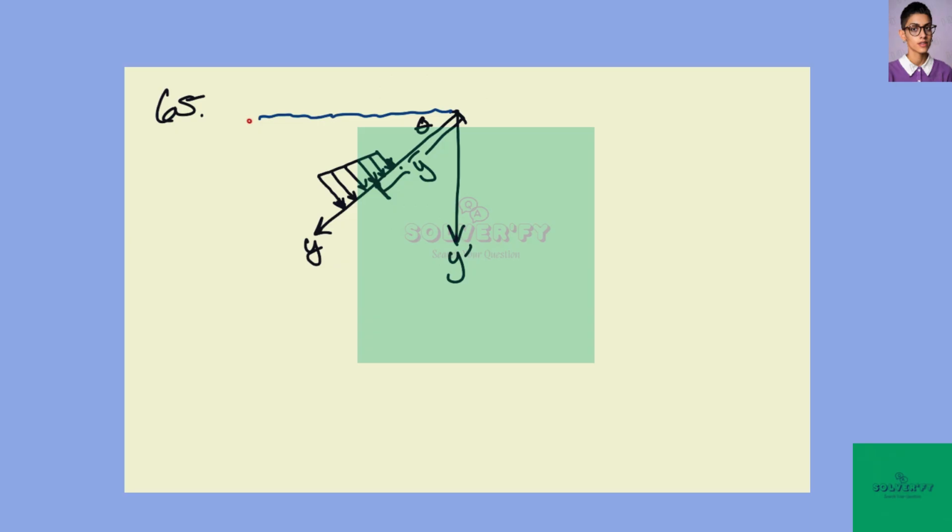So we have our water level here, and then this is the y-axis that was given, the plane on which the pressure acts. I have defined another axis here, y prime, just so that it's vertical.